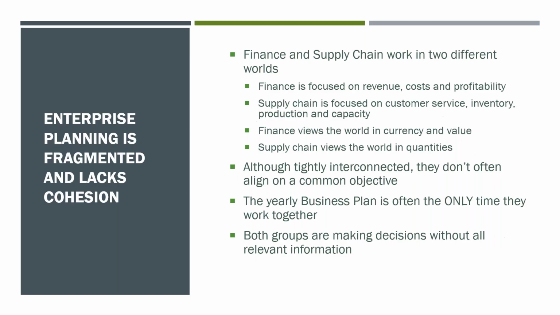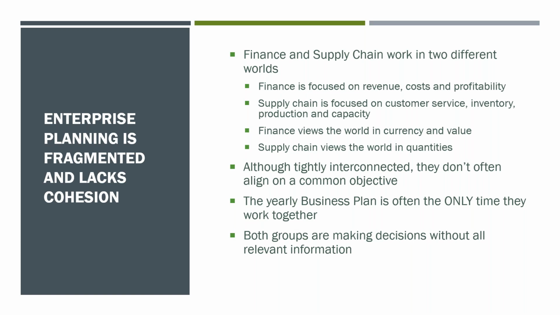Okay, and really, the big thing about all of that from a data perspective, but the other issue we see consistently is that enterprise planning is fragmented and lacks cohesion as a global organization. The financial groups and the supply chain groups work in two different worlds. Finance is really focused on revenue, cost, profitability.